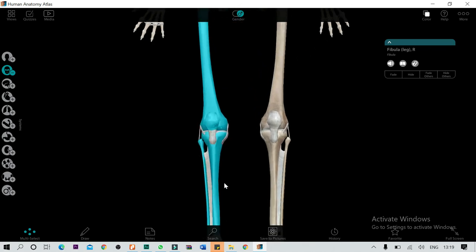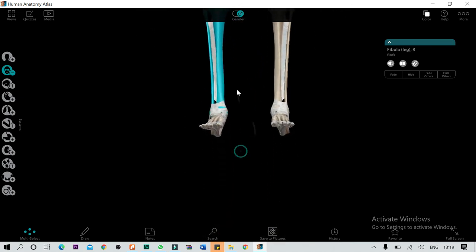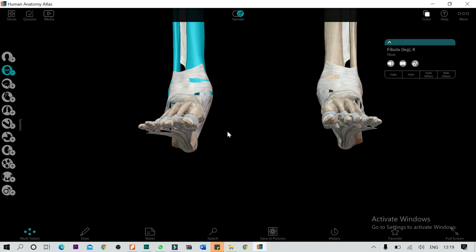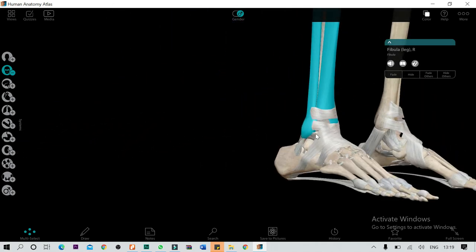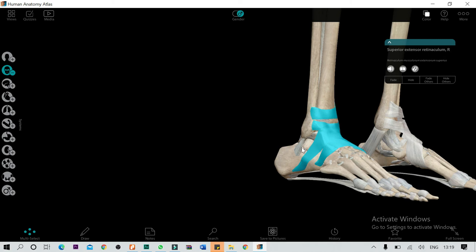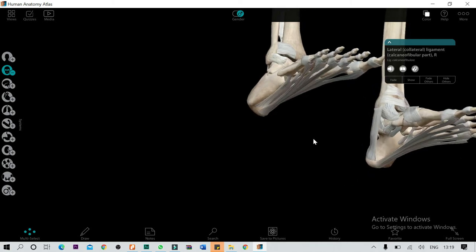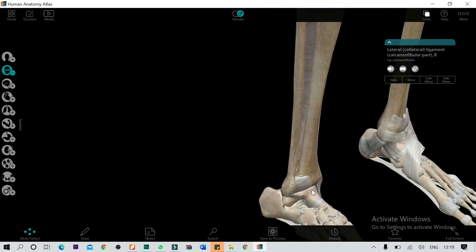Okay, now apart from this, there are 7 tarsals. Now where are these 7 tarsals present?